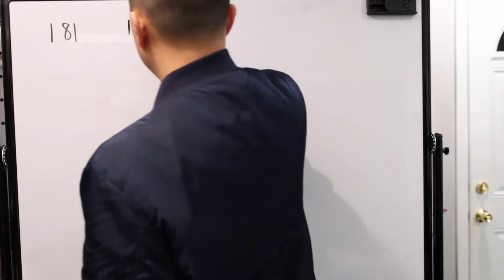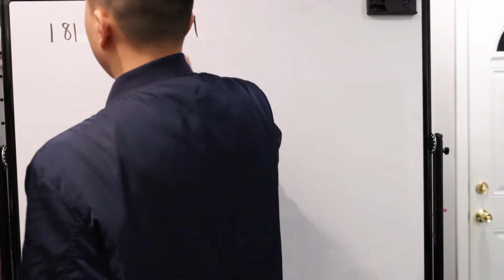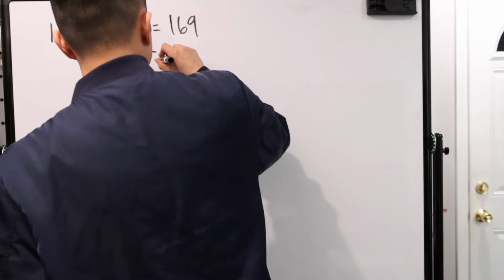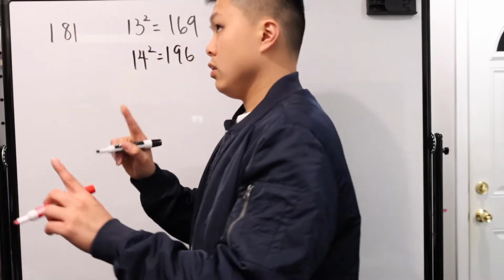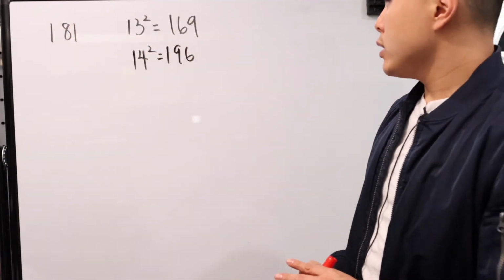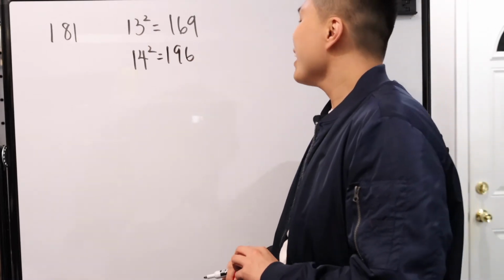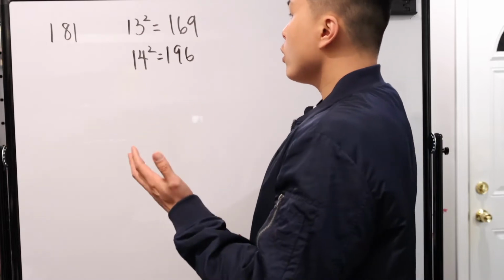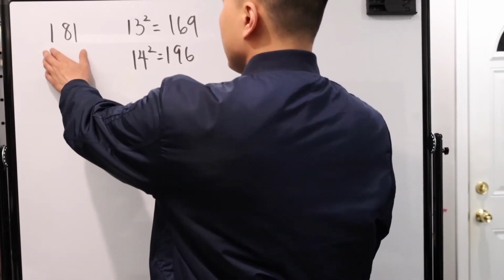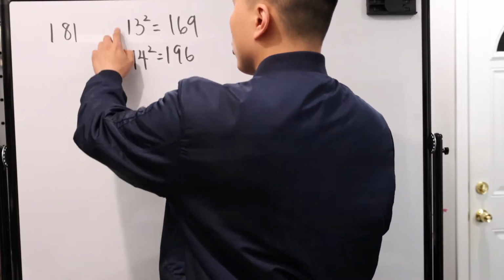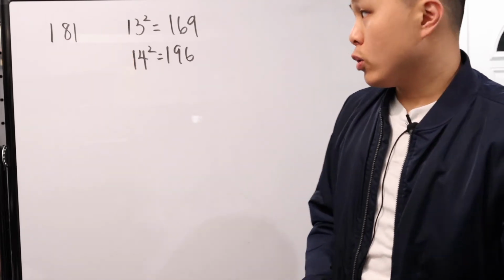If we look at 14 squared, that is, what is that, 196 actually? Yes, right? So that's 196. Now, that's super interesting, right? So if that's the case, the square root of this guy right here is going to be somewhere between 13 squared and 14 squared.